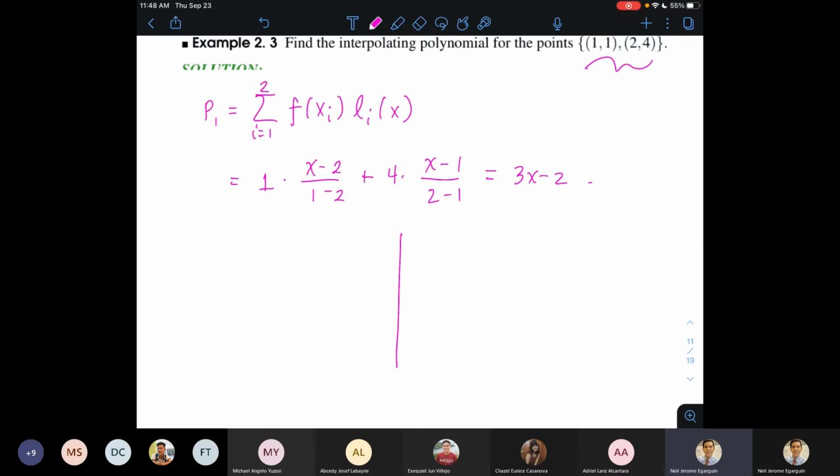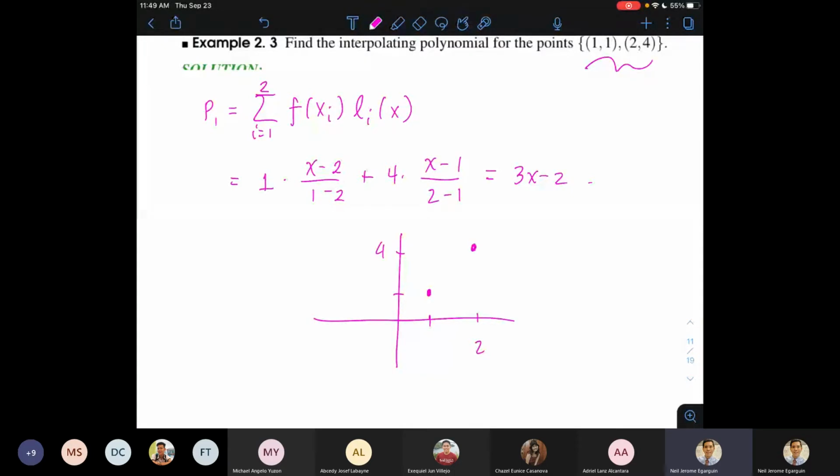The idea here is we have a point at 1, 1. We have a point at 2, 4. Okay. Kahit sasabihin natin na, okay, alam ko magpapass dyan yung parabola x squared. However, interpolating polynomials are always 1 degree less than the number of points used.